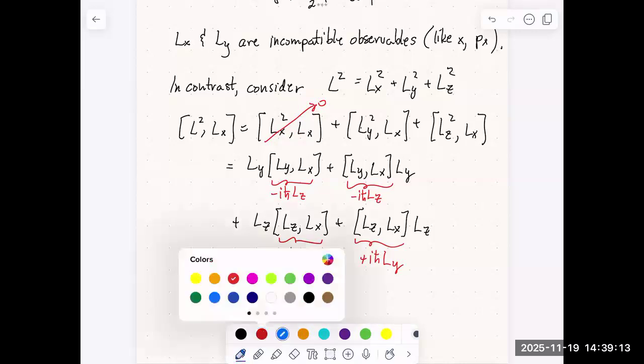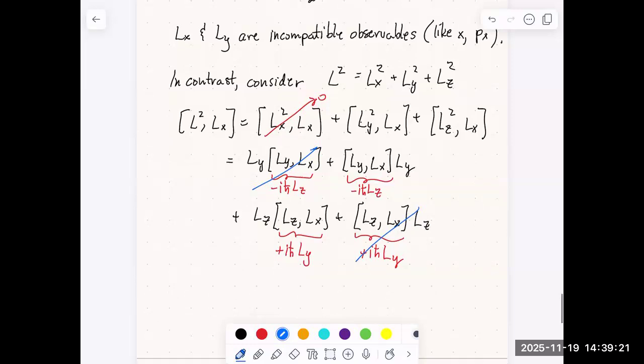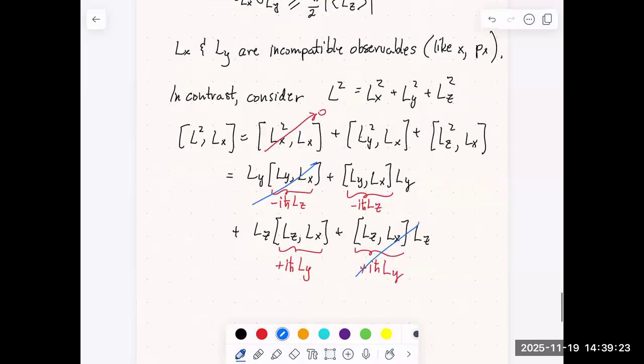All right, there we go. And over here, we're going to have Lz Ly, Lz Ly. This one has a minus sign, this one has a plus sign.